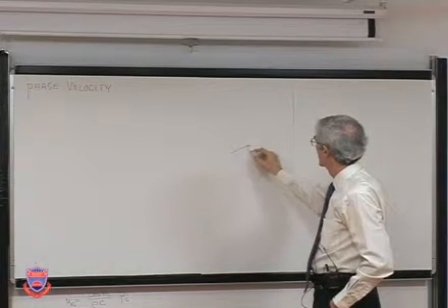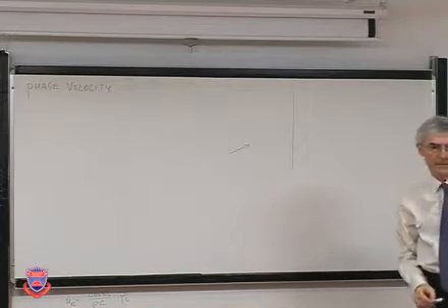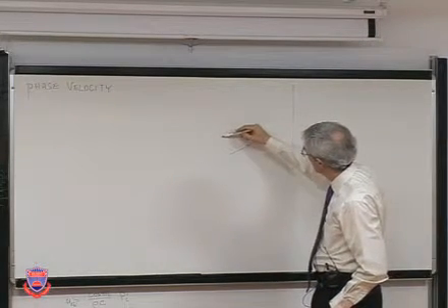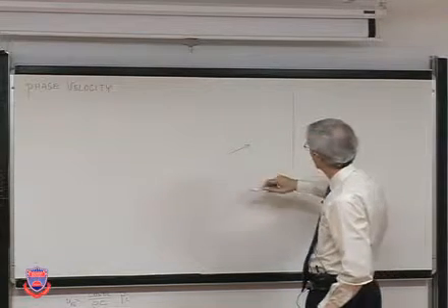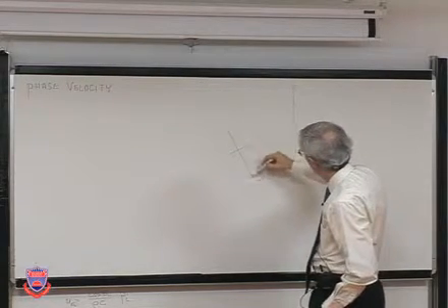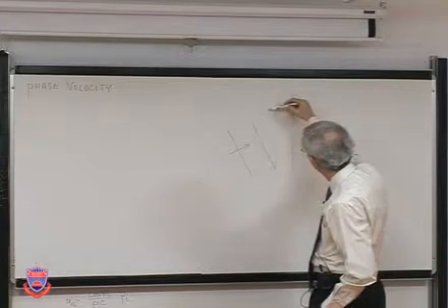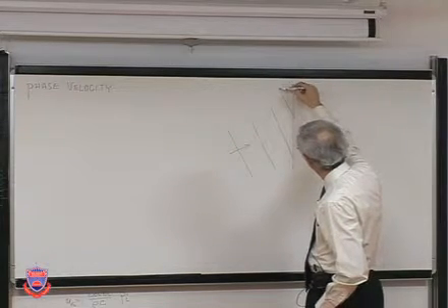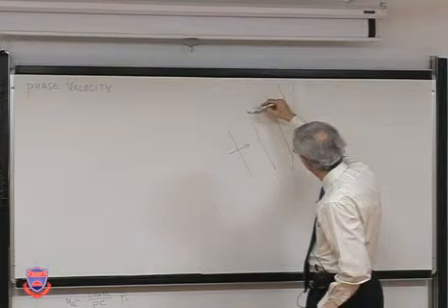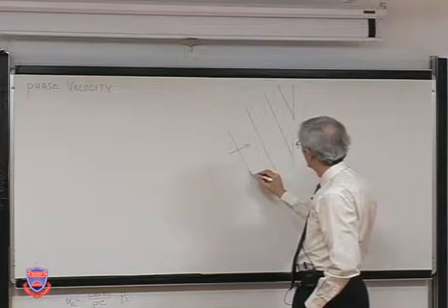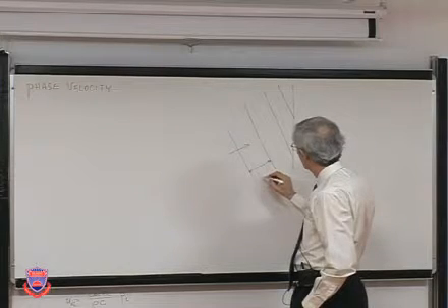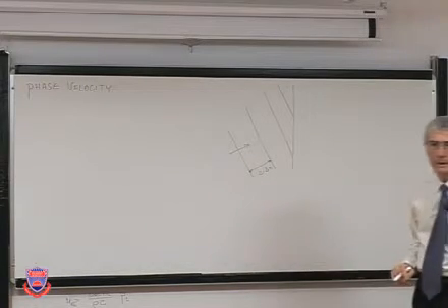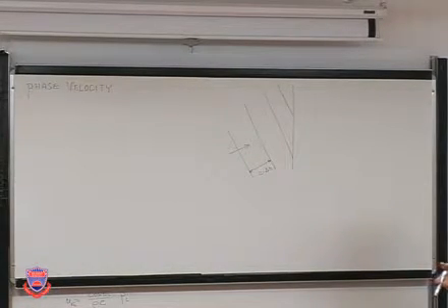We say ordinarily, here's an incident wave. Okay, and it has wave fronts. In time delta t, the wavefront moves at the speed of sound, a distance c times delta t.